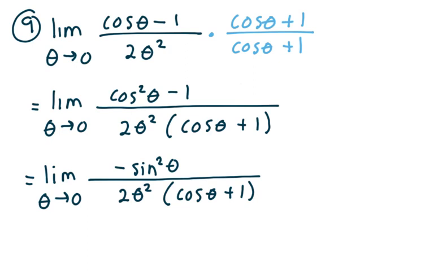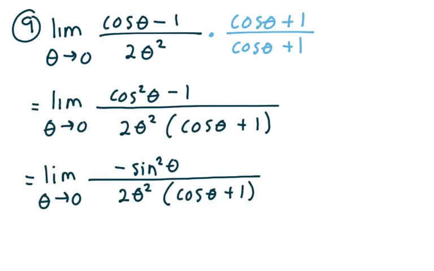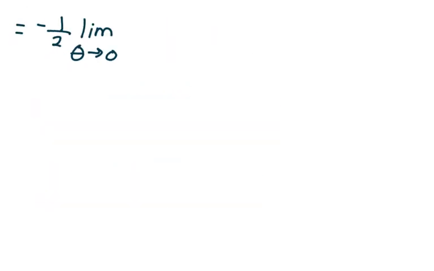Now, I'm going to move that negative 1/2 out in front of the limit. So let's move the negative 1/2 out in front first. So it's negative 1/2 the limit as theta goes to 0 of sine theta times sine theta.